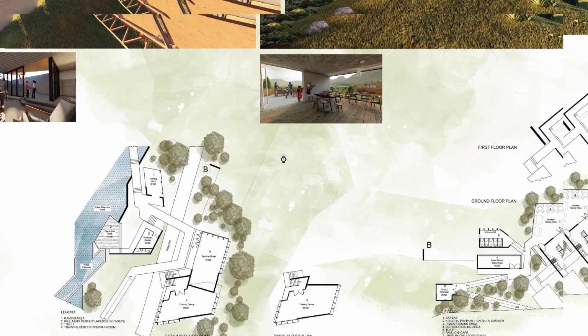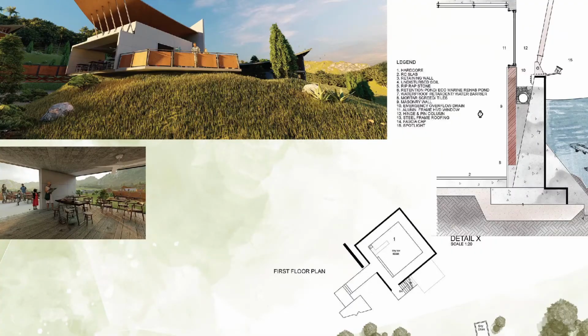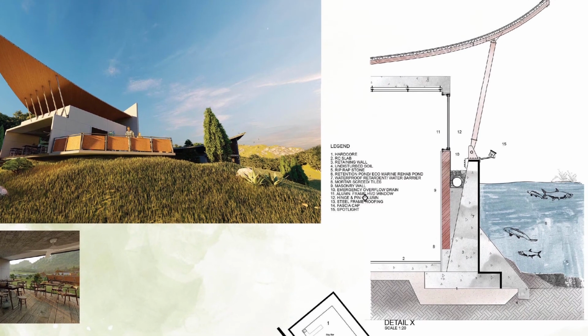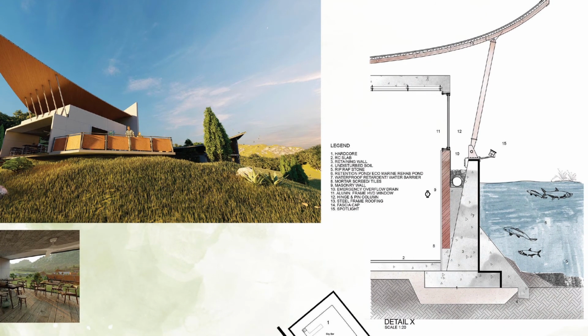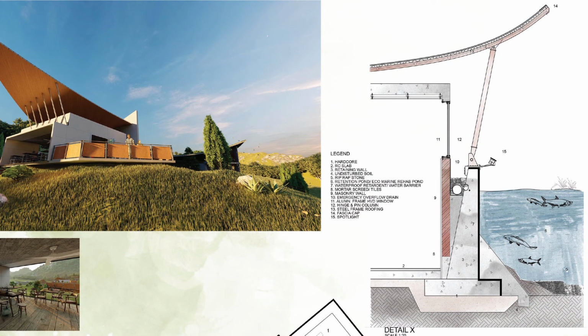As a design requirement, and also an extra feature of this project, it is a green eco design. This site is below the mountain valley, and it includes a retention pond, because there is a record of flooding in the city during heavy rain.